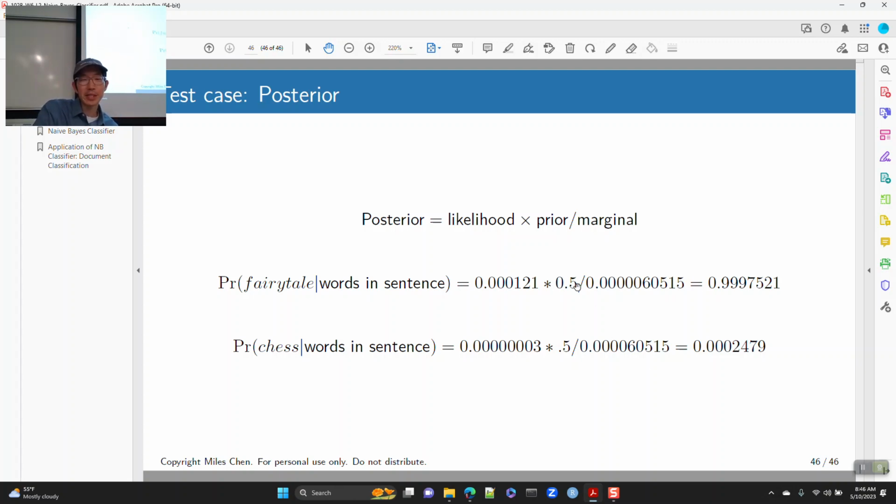So we're going to do likelihood times the prior divided by the marginal to get our posterior, and now I'm questioning whether I did my math correctly. But we're going to get something like 99% that it's a fairy tale, and less than 1% that it's about chess, using this kind of thing.